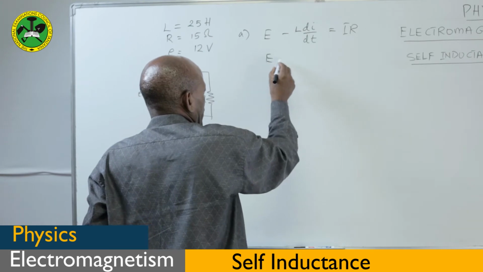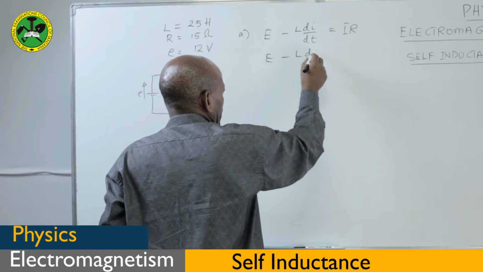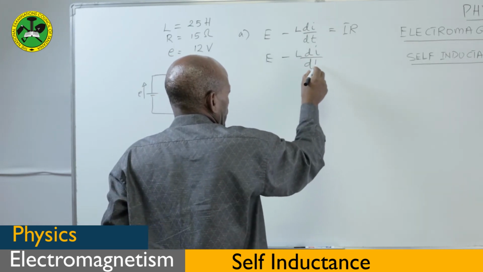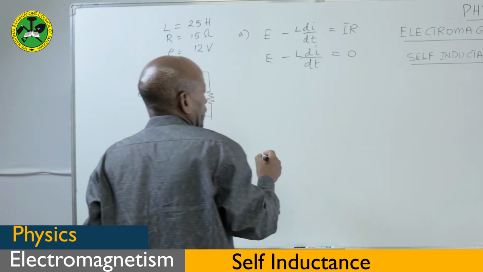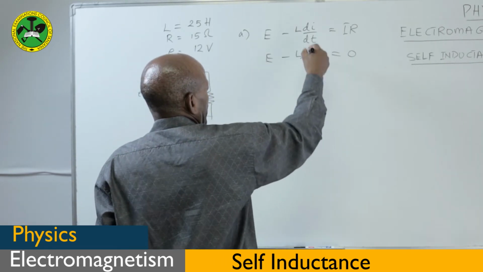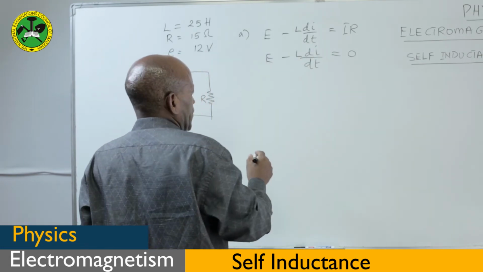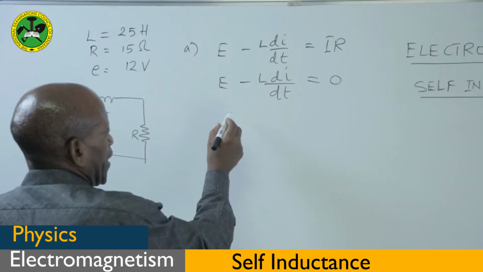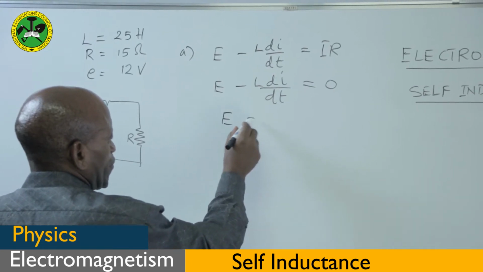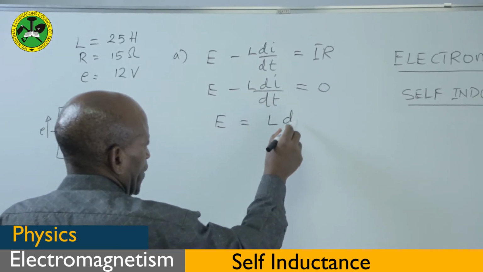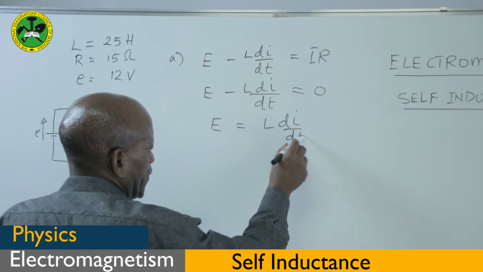So we'll just have E minus L di/dt equal to 0. And our interest is to find the rate of change of the current. So this will just be E equal to L di/dt.